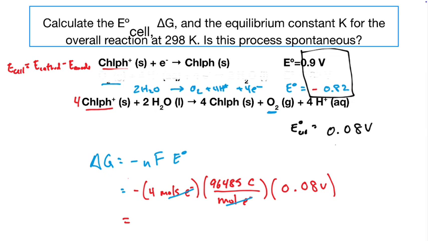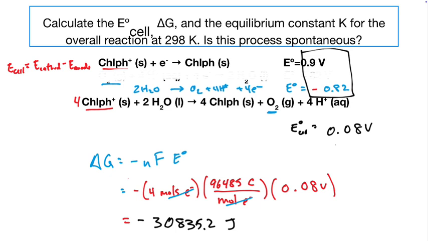That equals to joules. Which means when you go through and do this math, you get negative 30,875.2 joules.